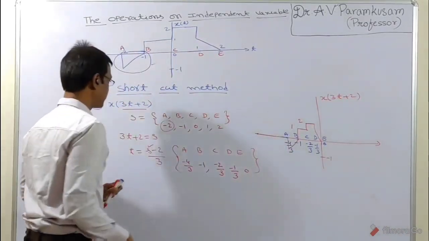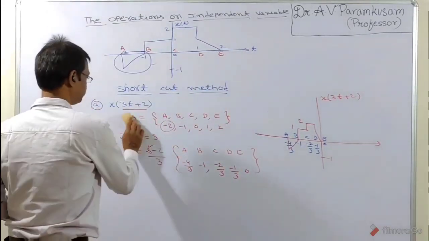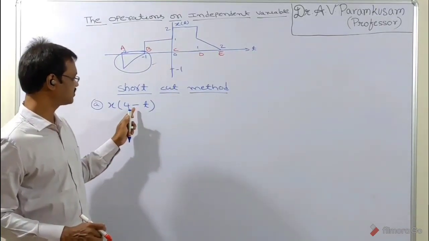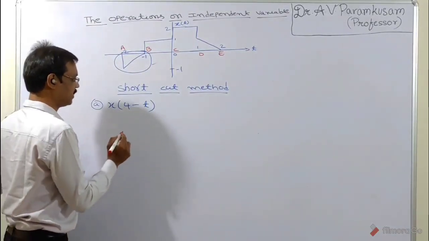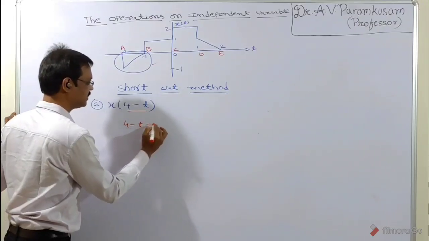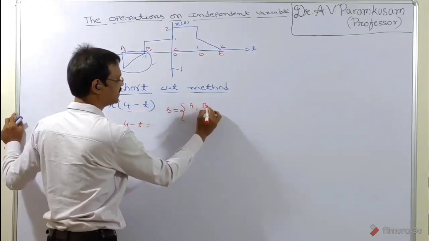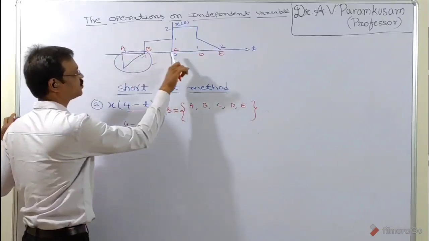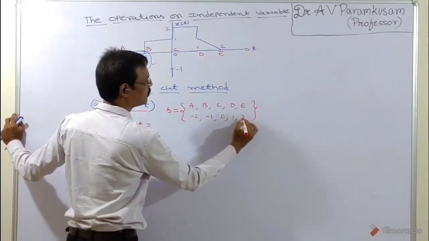Let us solve the x of 4 minus t, that is given in the second problem, B bit. Now I will explain how we get x of 4 minus t by using this shortcut method. See here, what is the argument here? 4 minus t. Already we have obtained points for s, A, B, C, D, E. That values are -2, -1, 0, 1, 2.